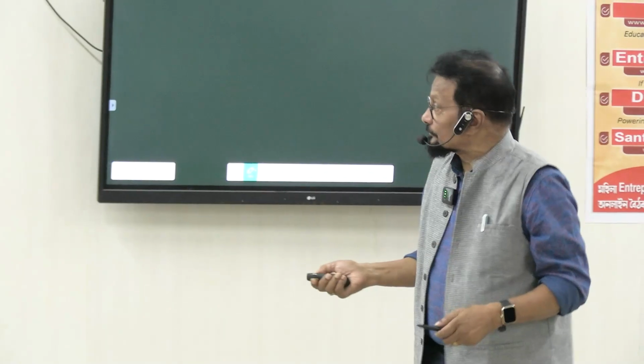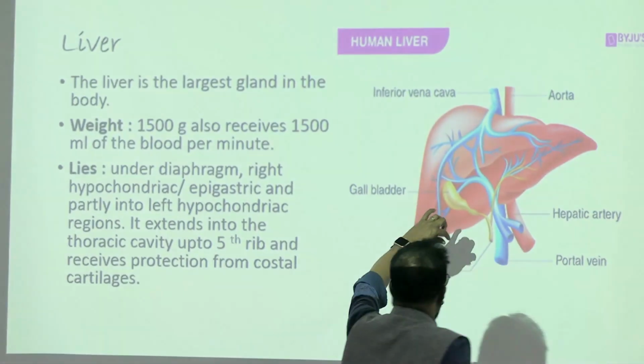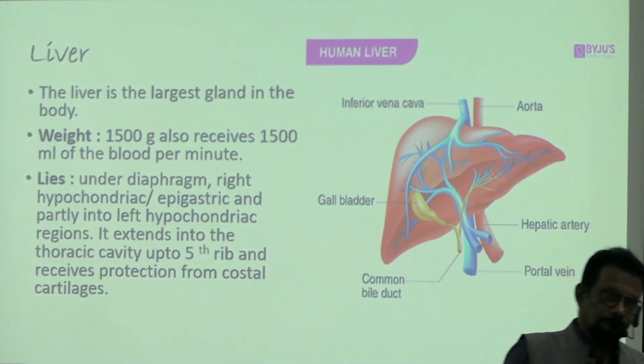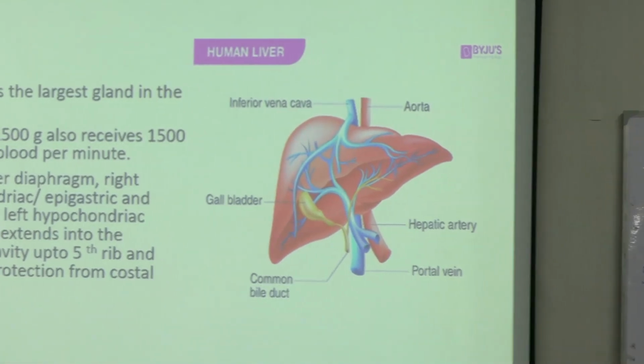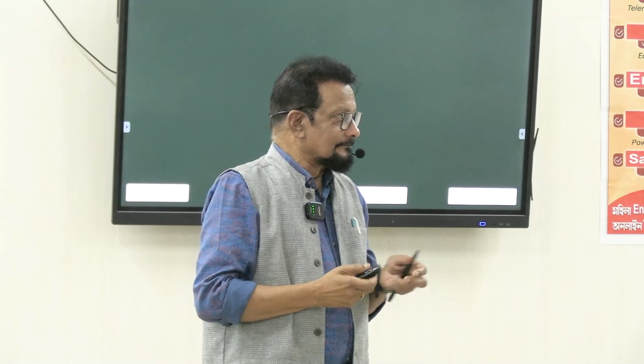If there is any obstruction by a calculus here, the surgeon from the back pushes and ultimately it will enter into the lumen of the duodenum. Or else, one catheter will be sent to the ampulla of Vater, then driven to the common bile duct, and the stone will be basketed and taken out.